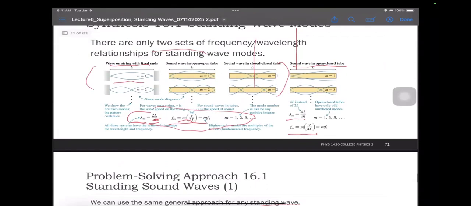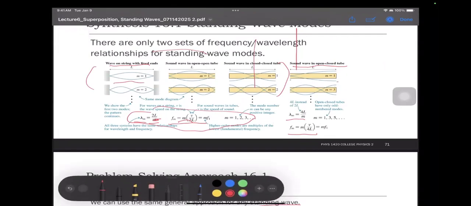You can see for an open-closed tube, here is no node, here a node, so you can have the mode like an even number to form this situation. But here one is a node, the other is an antinode. One is a node, the other is an antinode. So which means here you cannot choose an even number for the modes.